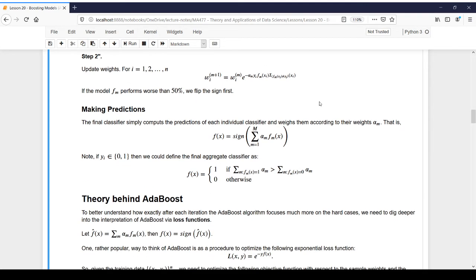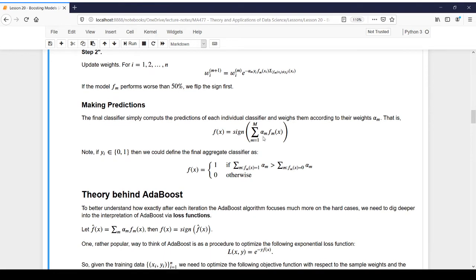Okay, so how do you make predictions? Well, say you have a new data point, x, then you just check what each of these individual predictors gives you, and then you sum those up based on the weight, okay? So if you get a positive value here, then you predict for that particular instance to be positive, 1 in this case.